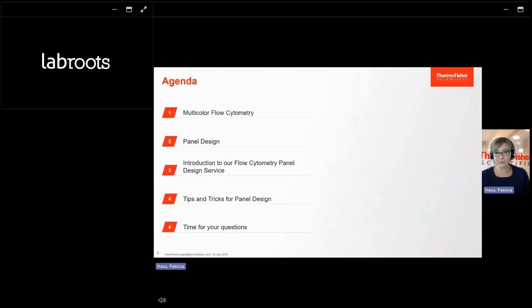But let's get started with our agenda for today. We will start with a very brief introduction to multicolor flow cytometry. I know that every one of you already brings a huge background about flow cytometry and you have all of this knowledge. But let me bring us all on the same page first, speaking quickly about multicolor flow cytometry, but also about what flow panel design actually is.